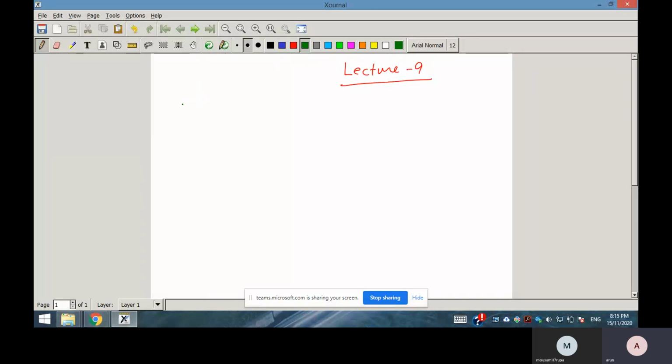2 degree of freedom controller. First we will see what is a 2 degree of freedom controller, then we will see how those limitations of 1 degree of freedom control can be taken care of. So this is the block diagram of the 2 degree of freedom controller.